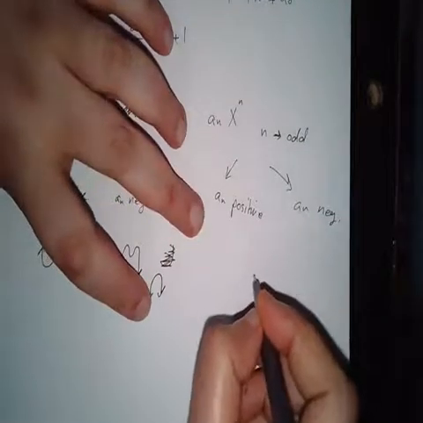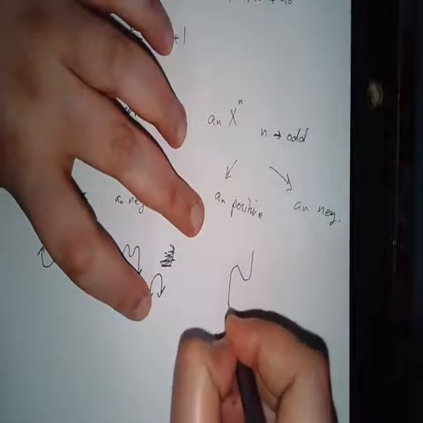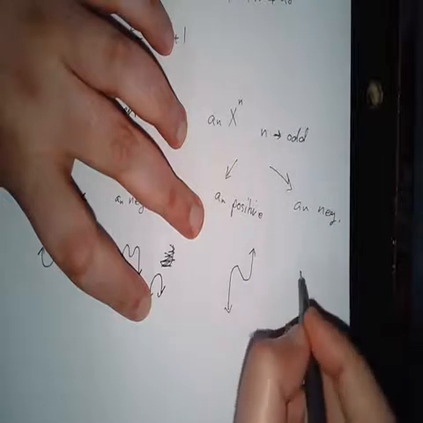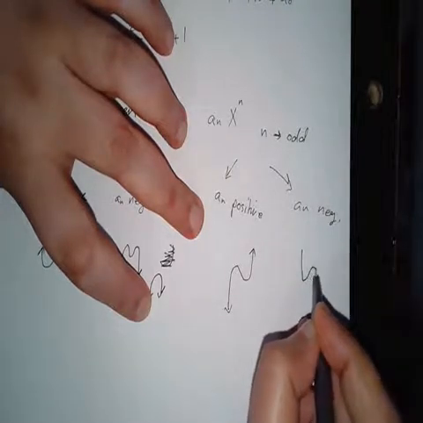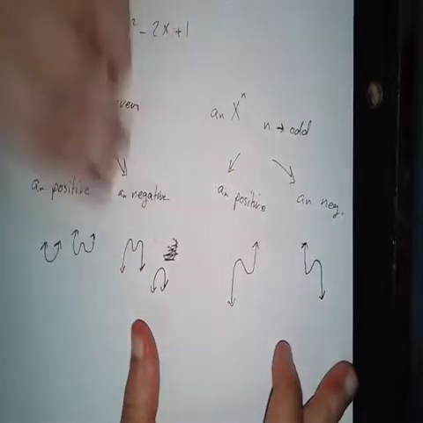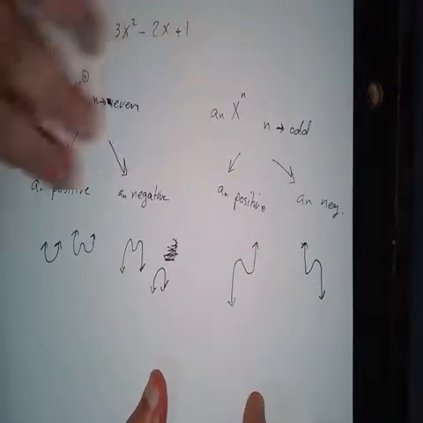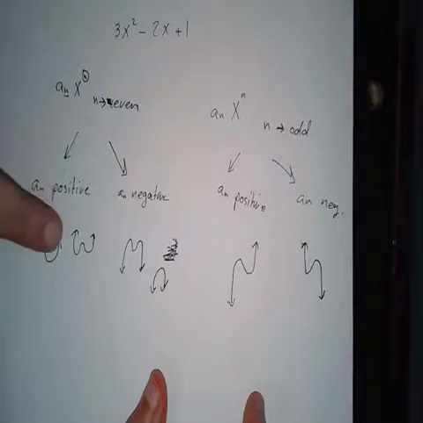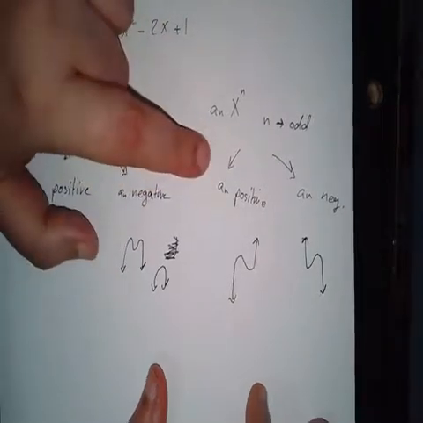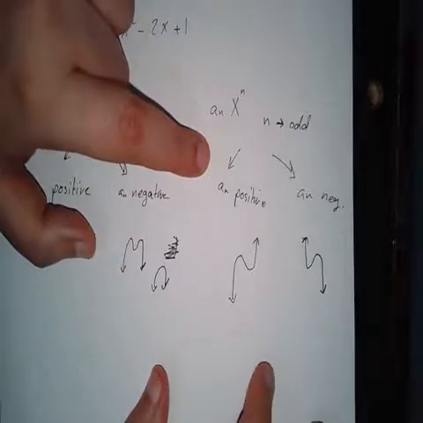So if I draw the graph of a cubic function, it would look like this. This is a positive function, and this is a negative function. For the even we said positive, both up, that's easy to tell, negative, both down. But how can I tell the difference between the positive and negative for the odd function?